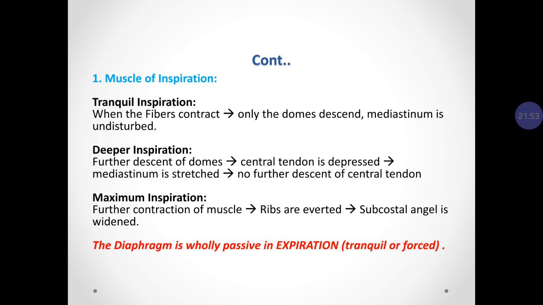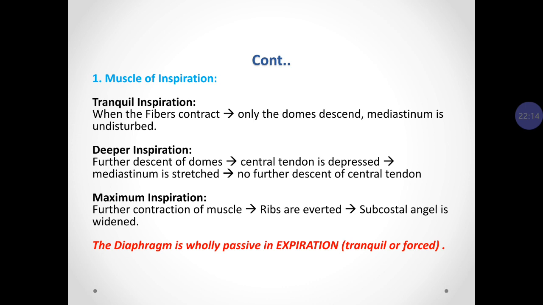When we do deeper inspiration, there is further descent of the domes of the diaphragm, which leads to the depression of the central tendon, and that central tendon depression stretches the mediastinum. The mediastinum stretch prevents further descent of the central tendon.